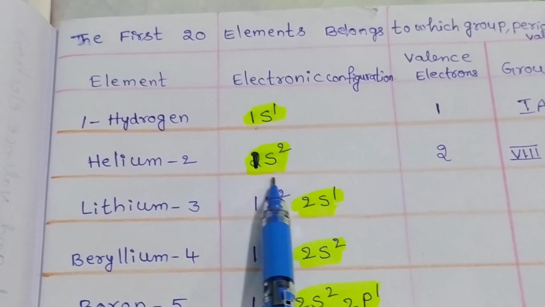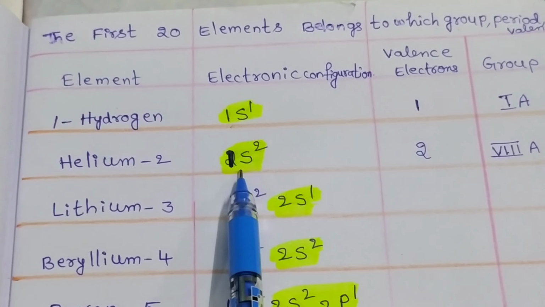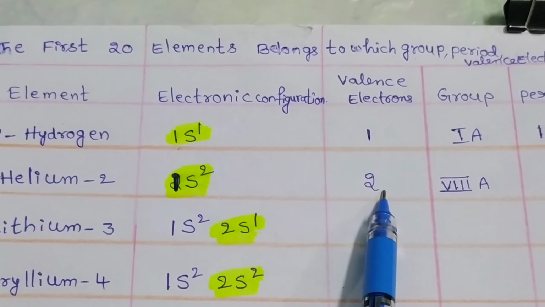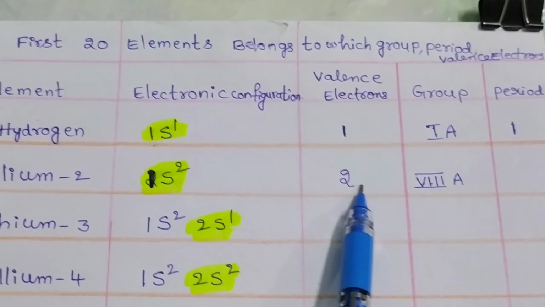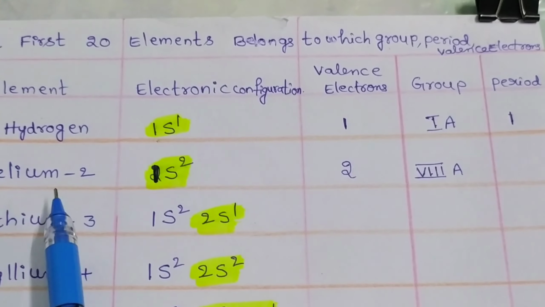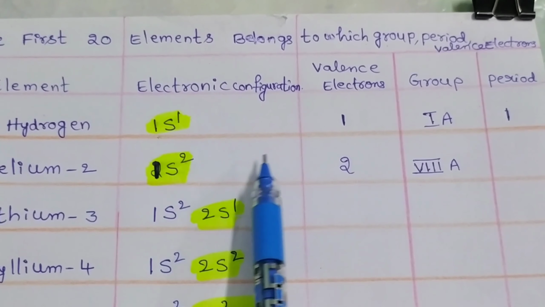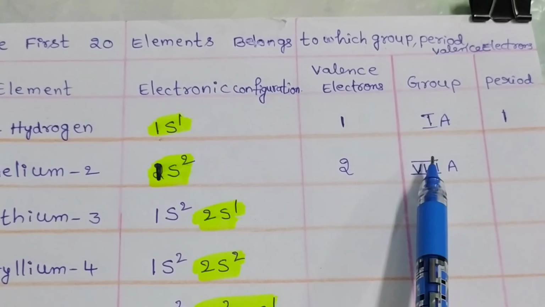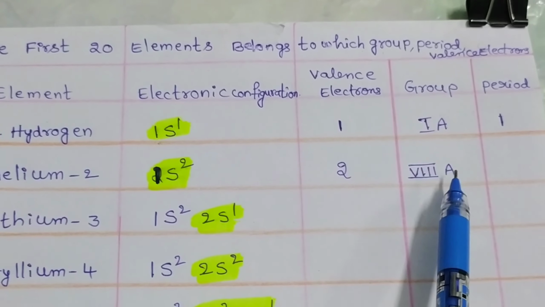Helium. Helium atomic number 2. Its electronic configuration is 1s2. It contains 2 valency electrons, but it is not placed in second A group because helium has properties similar to the noble gas elements. The noble gas elements belong to 8th A group.